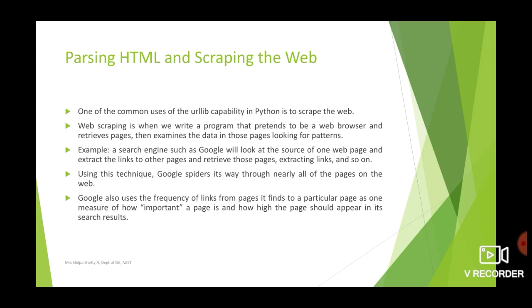Whenever we browse, whichever result comes on top depends on the number of retrievals, that is, the number of times that particular page has been accessed. So Google uses the frequency of links from pages it finds to a particular page as one of the measures of how important a page is and how high the page should appear in its search results.